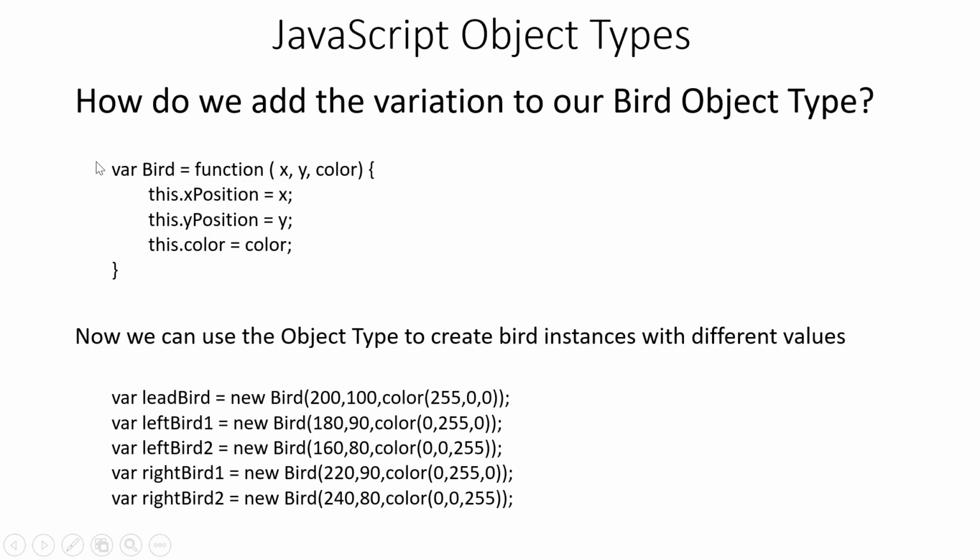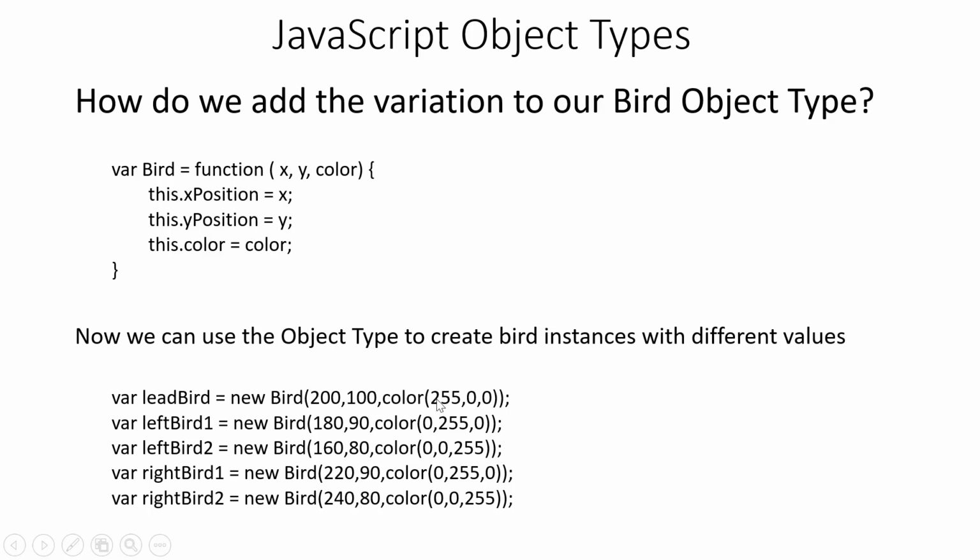Now that we've created our pattern to take parameters, we can use that to create our birds with different colors and different locations. So maybe our lead bird is staying at position 200, 100. We're going to pass in the 200 and the 100, but then we're going to set also a new color. So notice how there's a comma here, and this whole function call is the parameter.